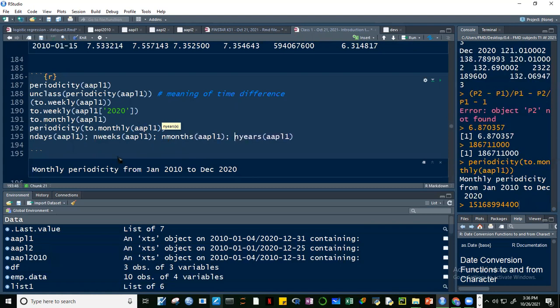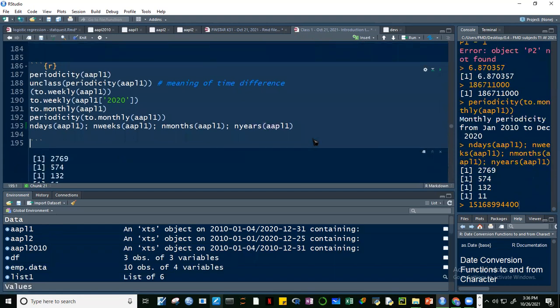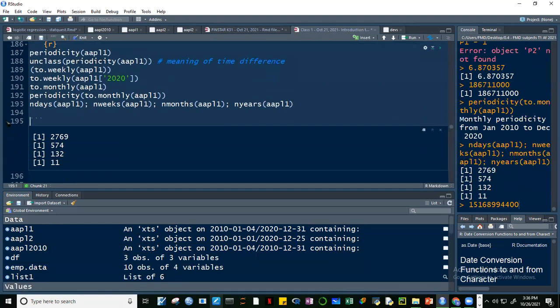Okay, let's see, number of days, number of weeks, number of months, and number of years. Let's run this. Okay, so for Apple one, there were 2769 days, 574 weeks, 132 months, and 11 years.